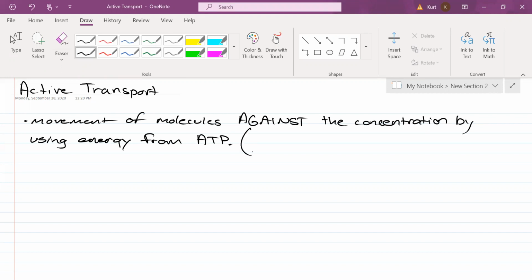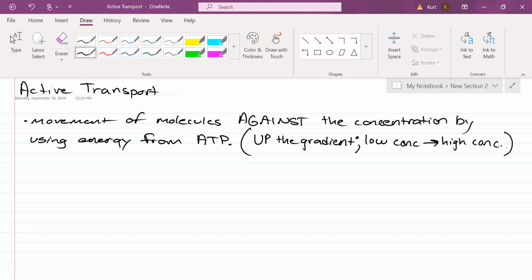We often say that with this, you go against the concentration gradient. You can say you go up the gradient. You can also say you go from a low concentration to a high concentration.